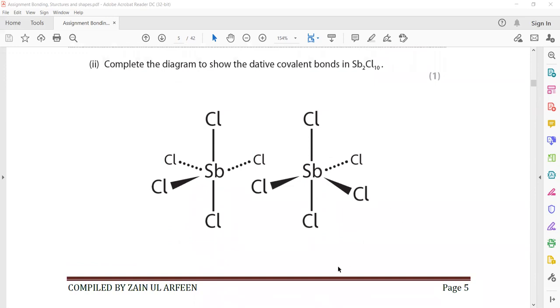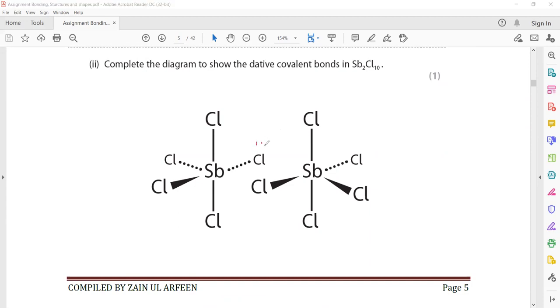Then complete a diagram to show a dative bond. So how is there a dative bond? When both of the electrons which are shared between the atoms are coming from the same atom. As we know, chlorine has lone pairs of electrons, three lone pairs.